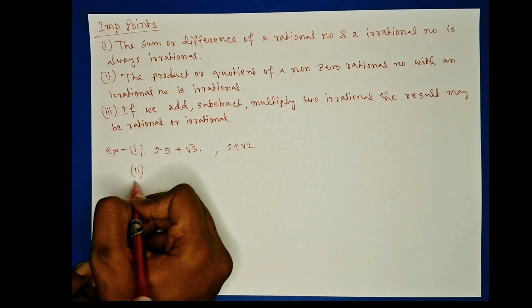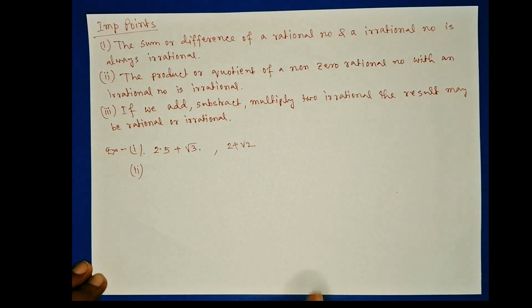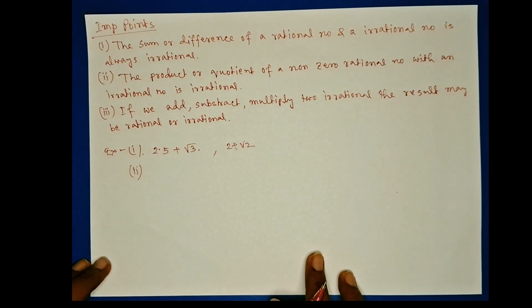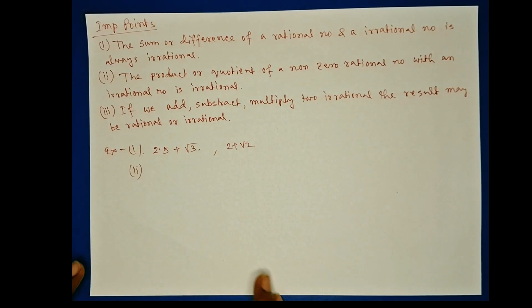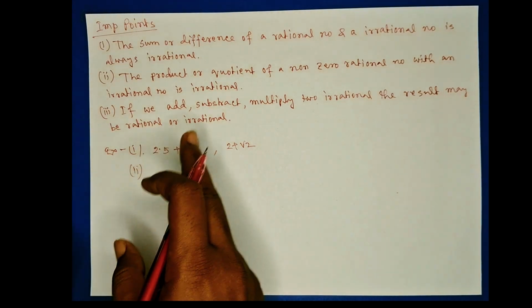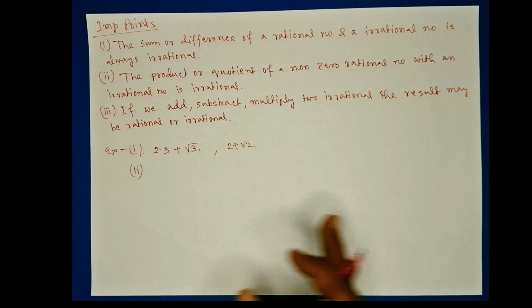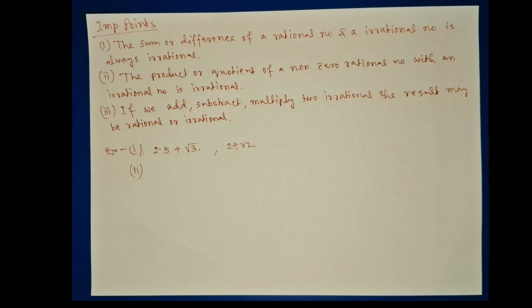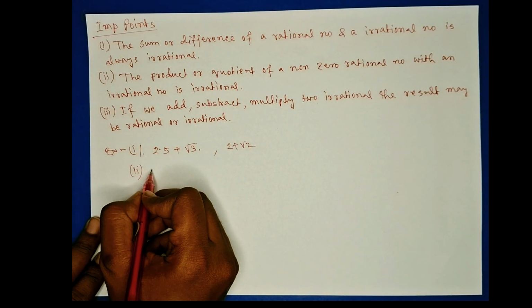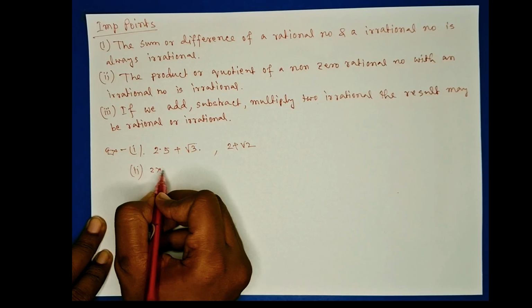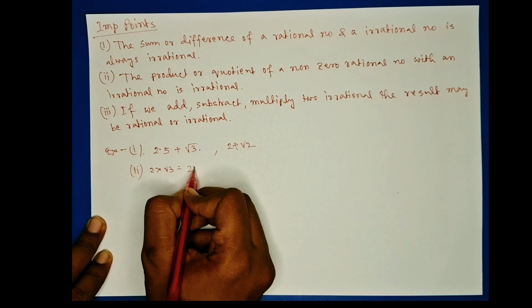And the second one, example: the product or quotient of a non-zero rational number with an irrational number is always irrational. Like suppose the product of 2 into root 3, this will be equal to 2 root 3.